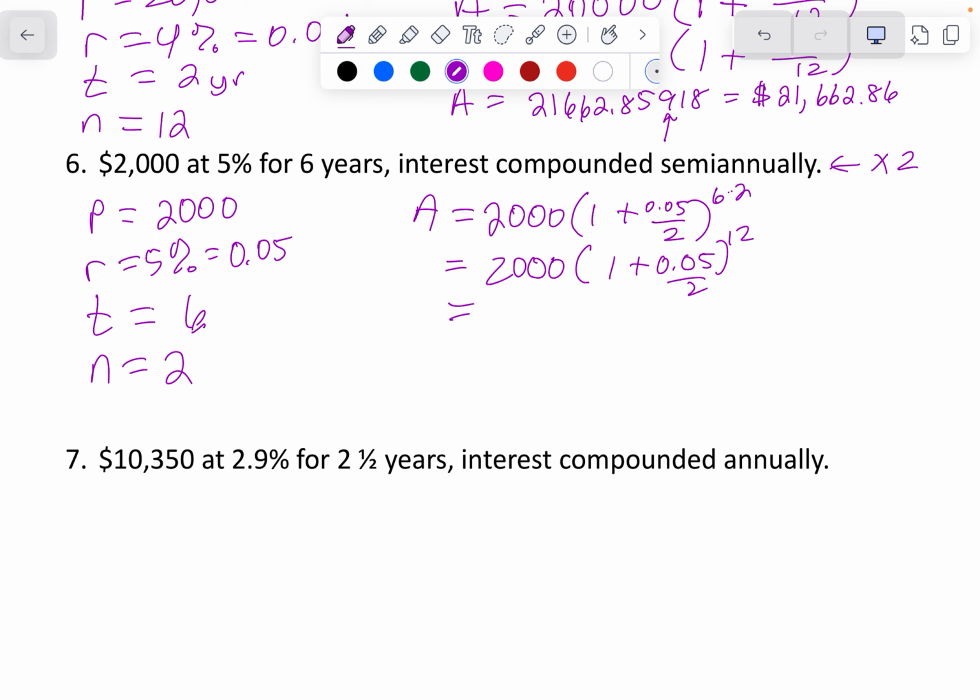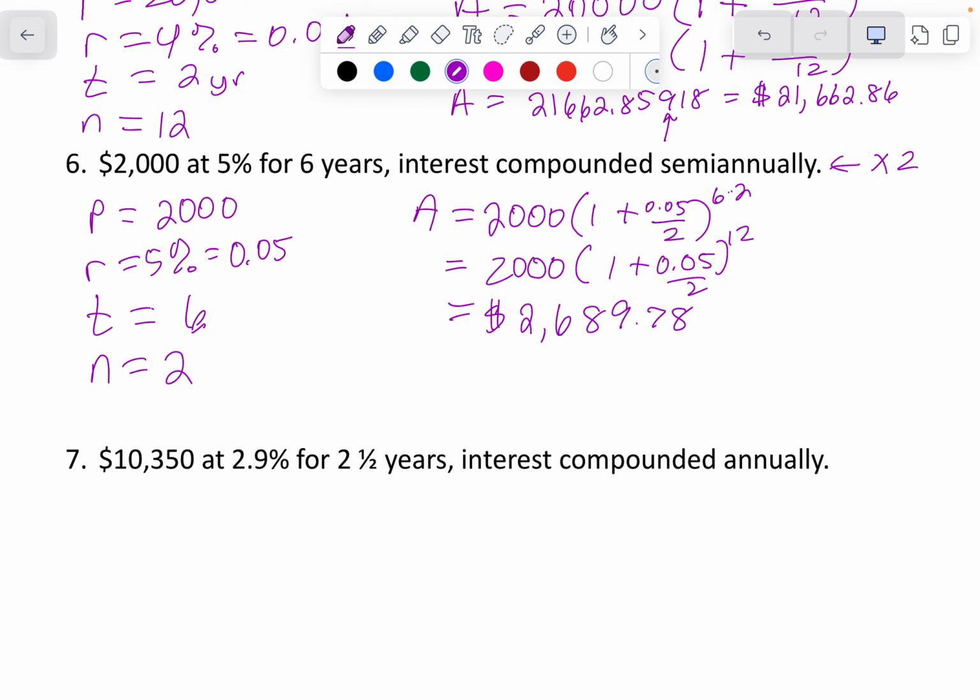If you're not, just tell me and I'll come around and help you. And so we would then get an answer of $2,689.777, so it would round up to 78 cents.